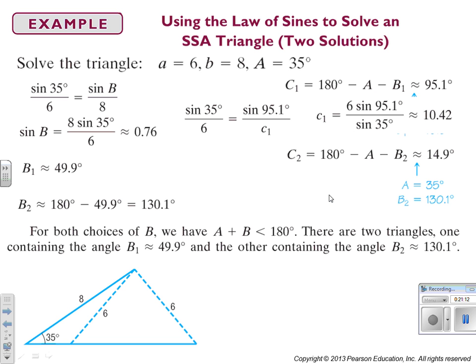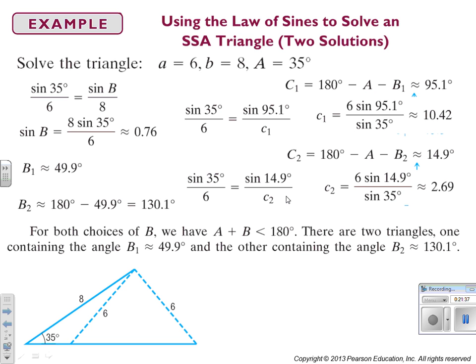And then we solve for our second triangle. So we're using 130.1 as our second B. So we go 180 minus 35 minus 130.1 and we get 14.9 degrees. We're going to redo this proportion. So we get sine of 14.9 divided by C2. Solve it the same way, and we get C2 is equal to 2.69.